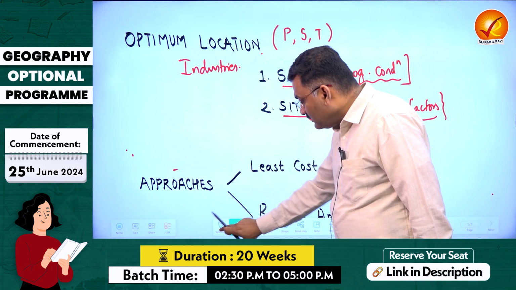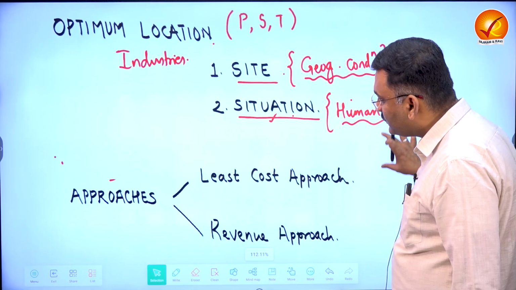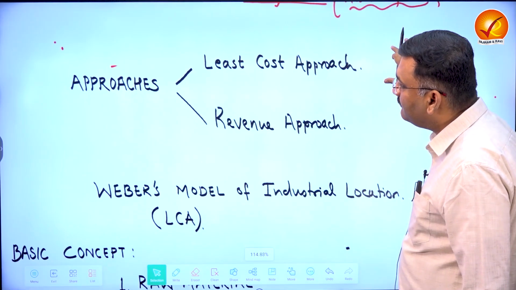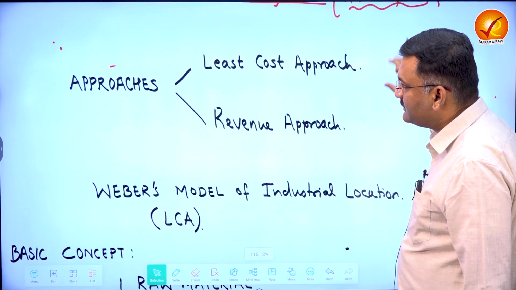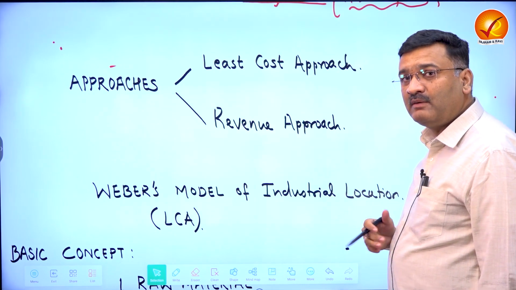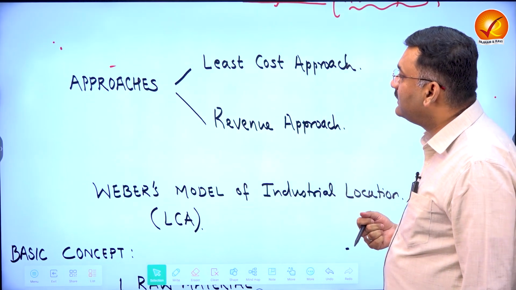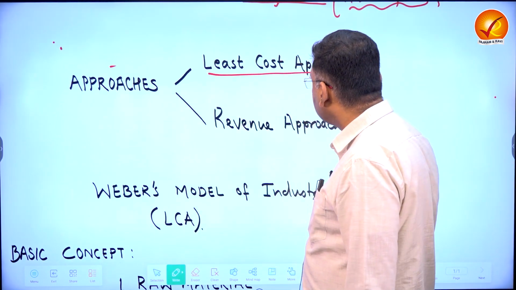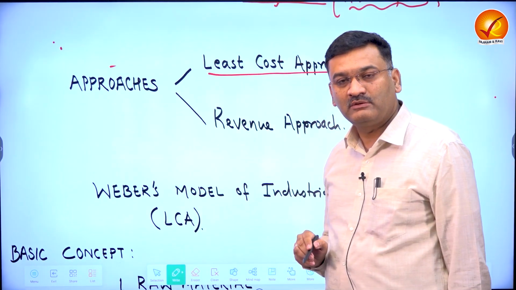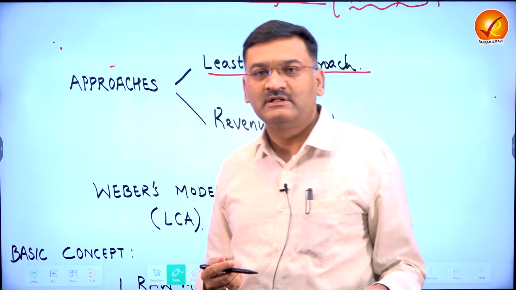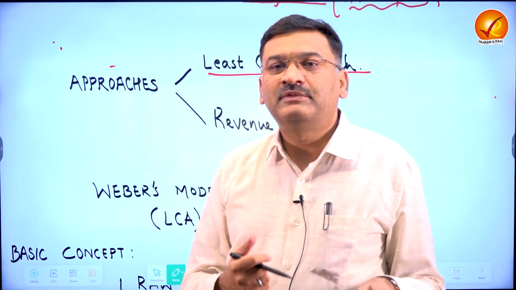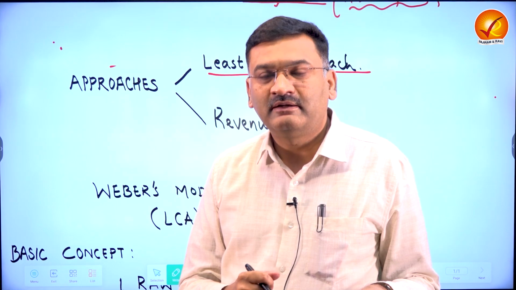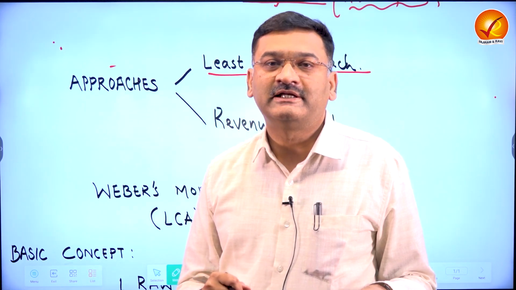Now in your syllabus we understand the location of industries in two ways, known as approaches for industrial location. One approach is the least cost location approach, which means industries can be located where the cost of production is minimum.